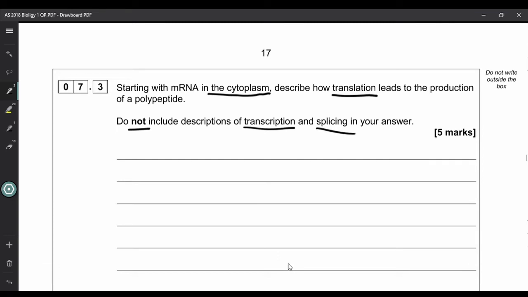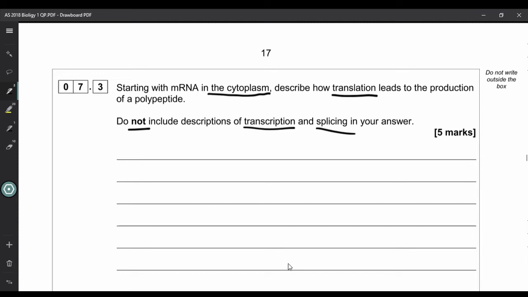Again, this is one of those examples I said right at the beginning of the paper where students just didn't follow the instructions given in the question. So many students wrote about transcription and splicing, and some talked about how the mRNA left the nucleus to go into the cytoplasm. We're given all this information in the question. Okay, so make sure you read the question, underline relevant bits, and follow the instructions.